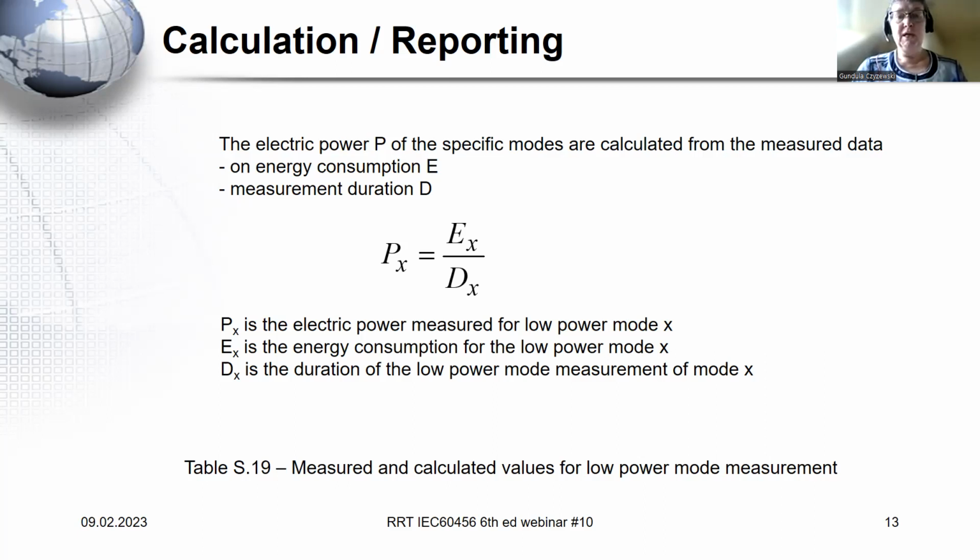We have a new table in Annex S. This is the table S19. I did not copy it here because it always gives you, for each of the modes, the same details. You should report the energy consumption for that mode, you should report the duration of that mode, and you should calculate the electric power measured.